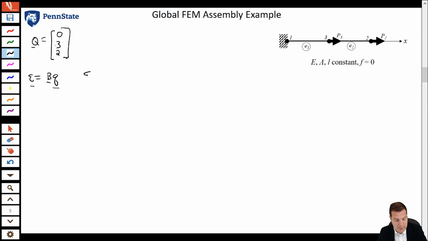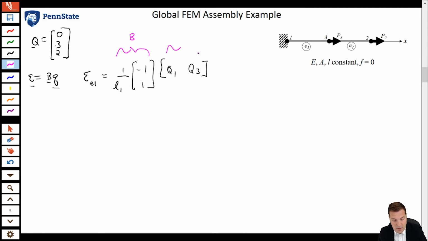And so epsilon for E1 is going to be equal to 1 over L1, times negative 1, 1, times Q1, Q3.